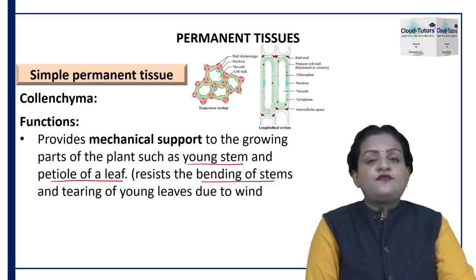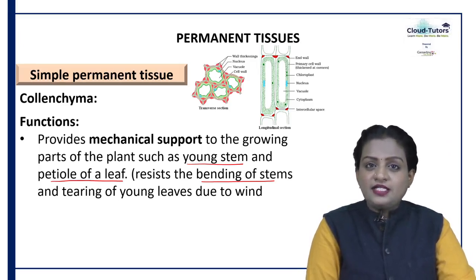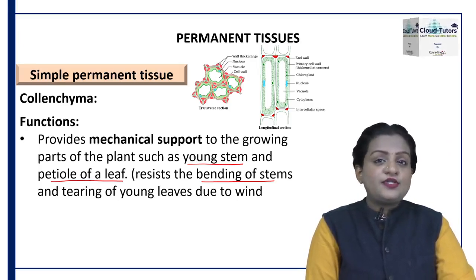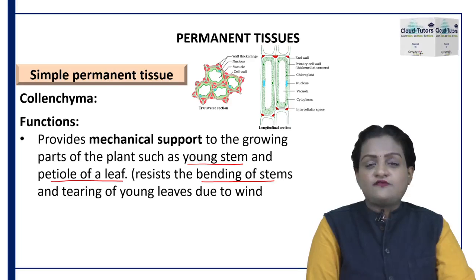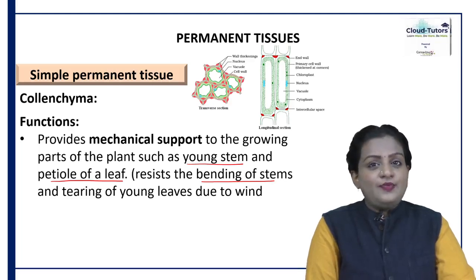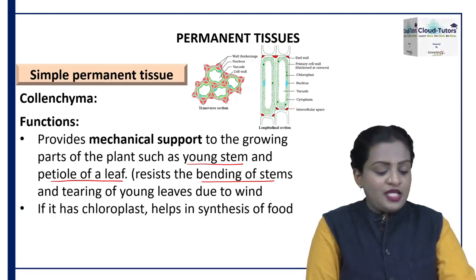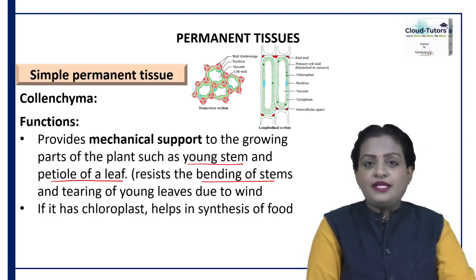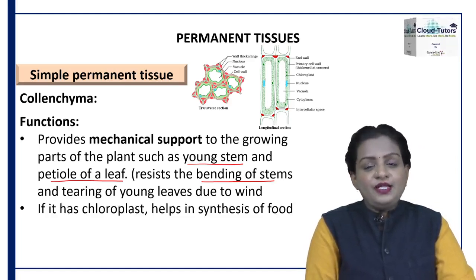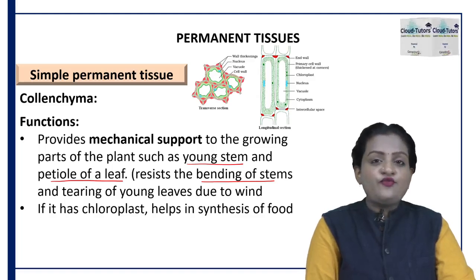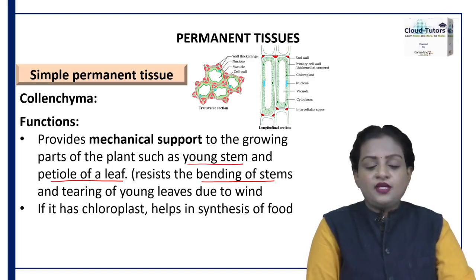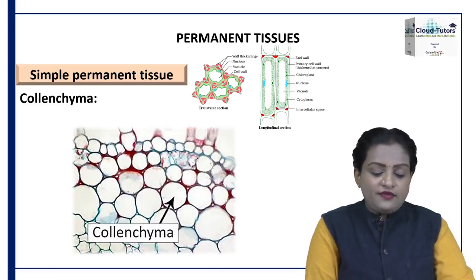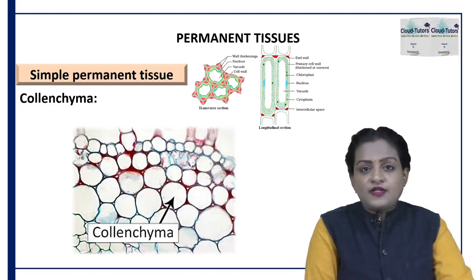So tearing of leaves can be seen in banana leaf where collenchyma is absent. So a slight breeze or wind can tear up the leaf lamella. Secondary function, as I told, if it has chloroplast by chance, it will help in photosynthesis.